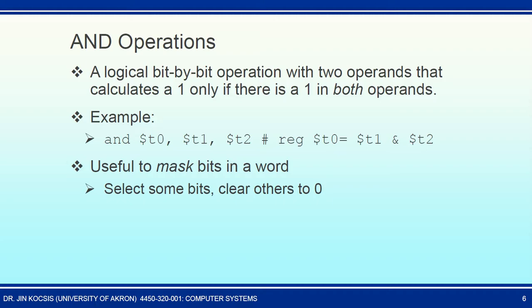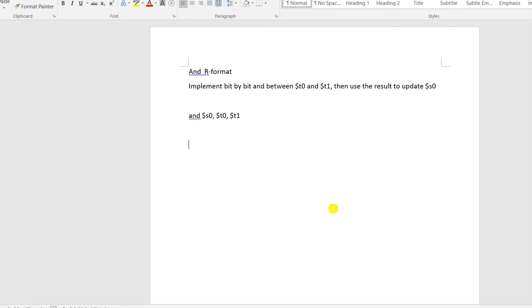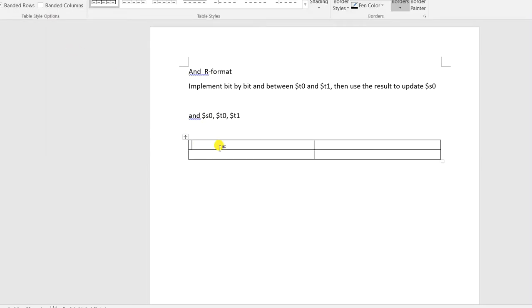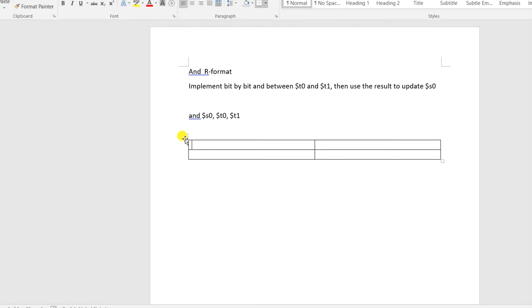So one potential application here depends on the truth table for AND. Let me represent it this way.